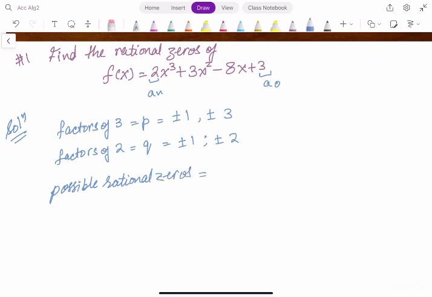So we can say plus minus 1, comma, plus minus 3 divided by plus minus 1, comma, plus minus 2. And you can write all the possible combinations. So let's try to write all the possible combinations.